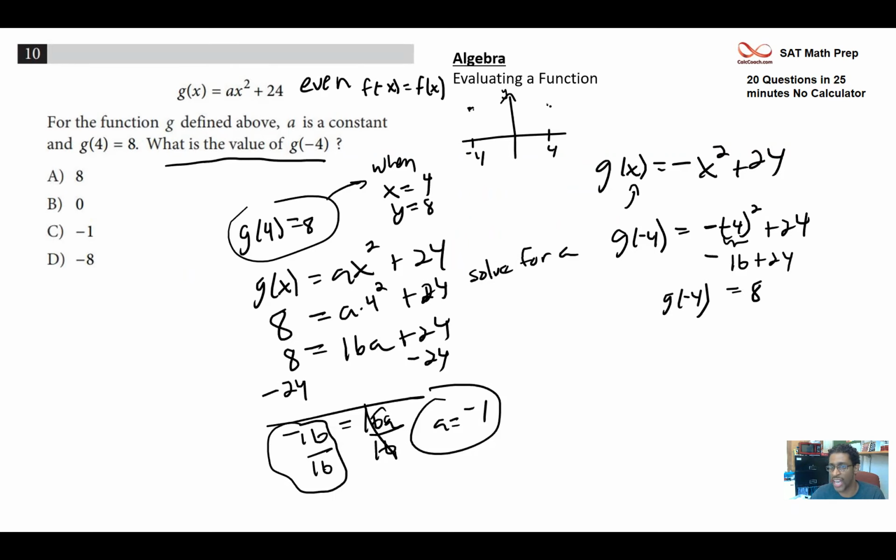You should get the same y value out. So we didn't have to go through all that work if we would have recognized it. A polynomial is even when the powers are all even, and there could be a constant term too. And so, yeah, that's how that one works. All right.